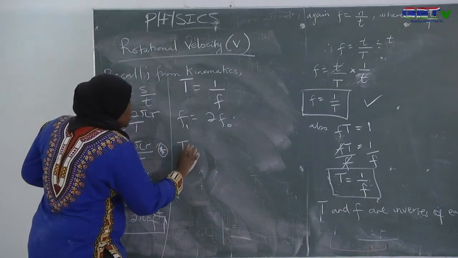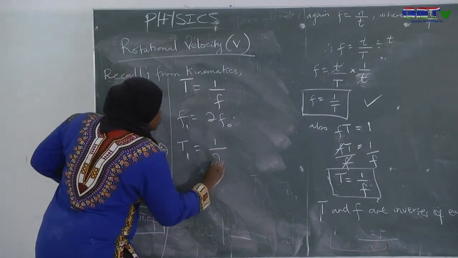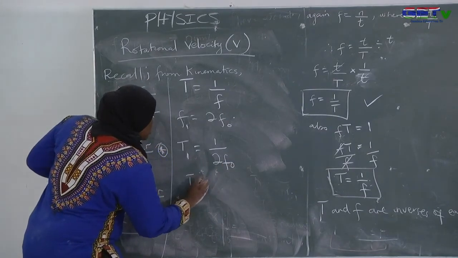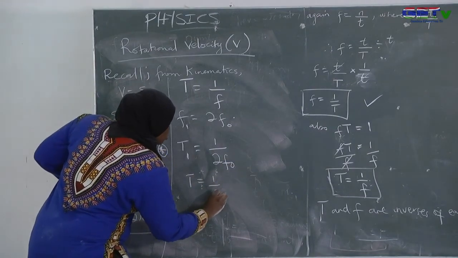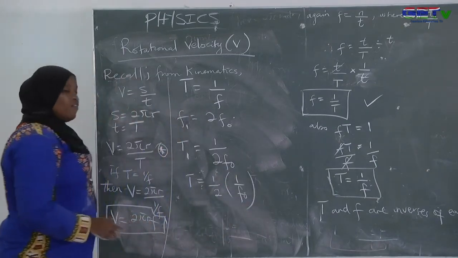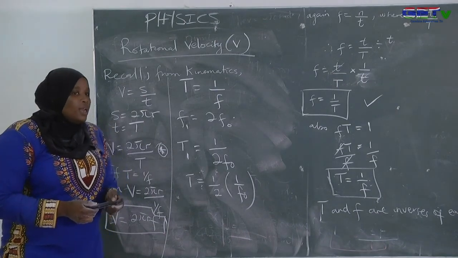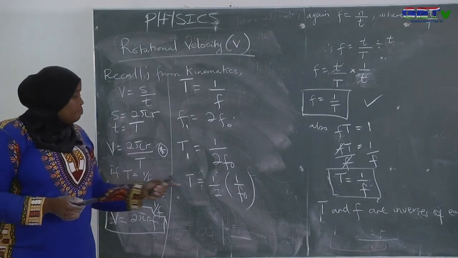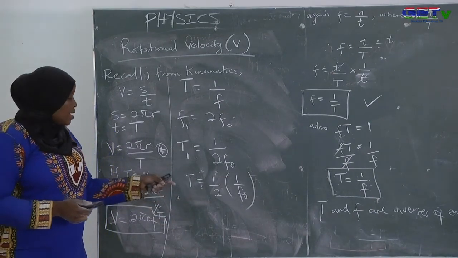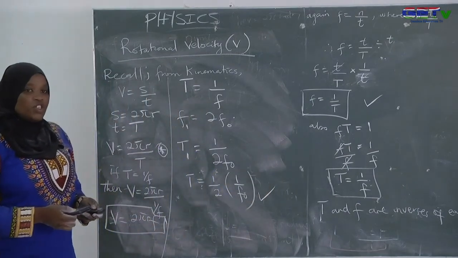So T1 will be equivalent to 1 all over 2 times f naught, so T is equivalent to 1 over 2 times 1 over f naught. By what factor does the period change? Letter A says it remains the same. That is not true. The second one says it is cut to 1/2. Yes, that is it. It is cut to 1/2 since they are inverses of each other.